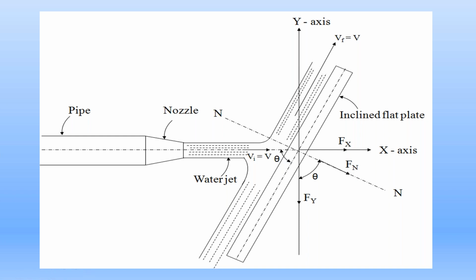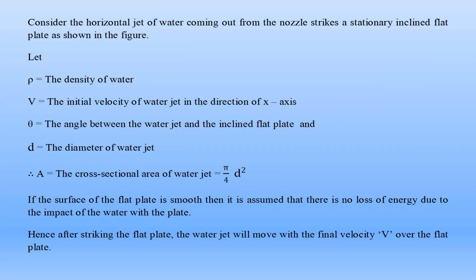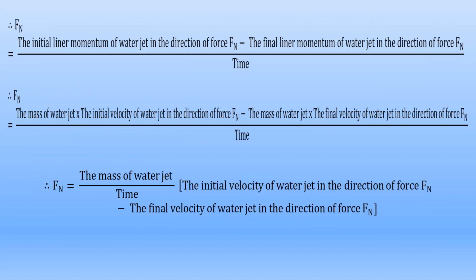So in this inclined flat plate, first we are going to find the equation for the normal force Fn. According to Newton's second law, Fn is equal to the rate of change of linear momentum of the water jet in the direction of force Fn. That is Newton's second law. Please follow the steps in this derivation.